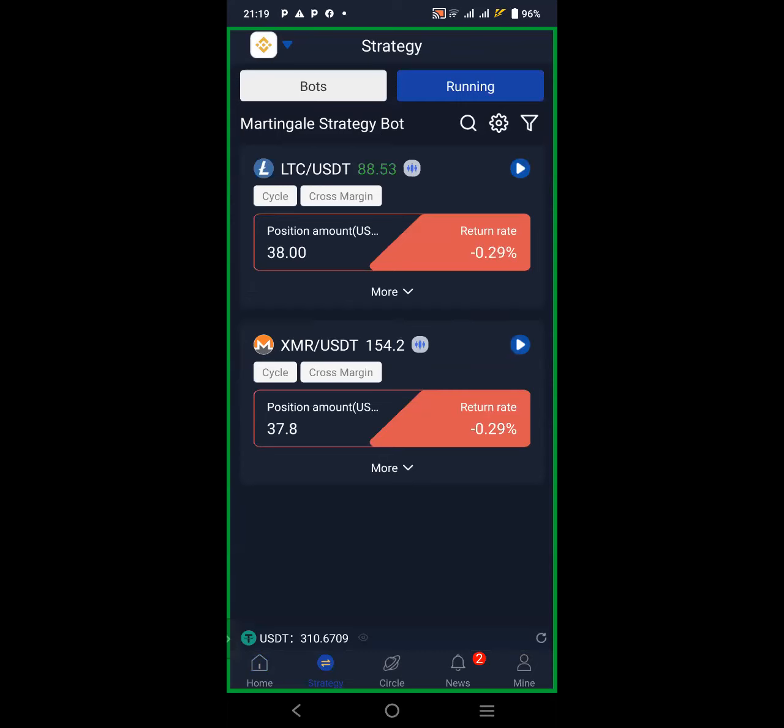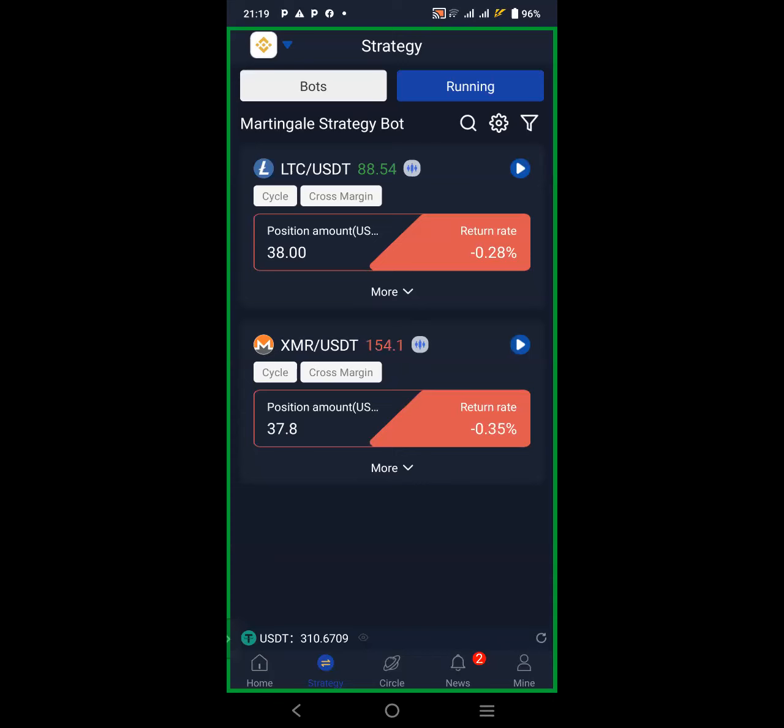Now, whenever you come and the return rate is in green color, it means your trade is in floating profit. What does that mean? It means that the difference between your entry price and the current market price is in the positive direction. It means that the current market price is higher than your entry price.